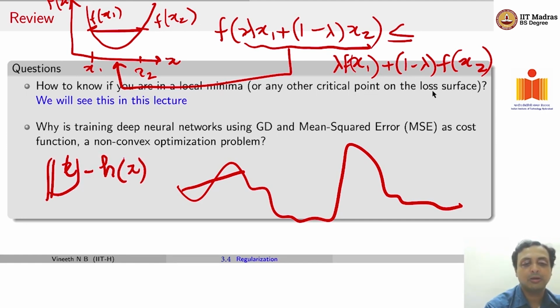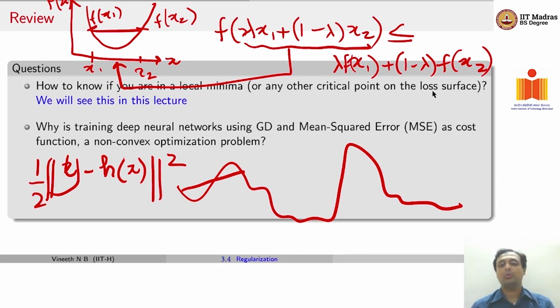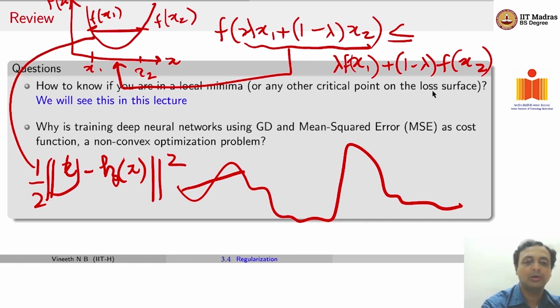Mean square error tries to minimize the square of these terms, and of course you take a mean. Half can be added for simplicity. That's mean square error. By one look at it, you can say that mean square error will be a convex function. Mean square error is a quadratic function, which means it would be very similar to what we drew here, and it would turn out to be a convex function.